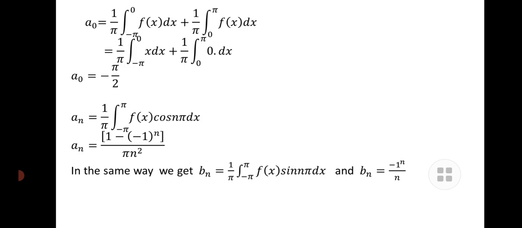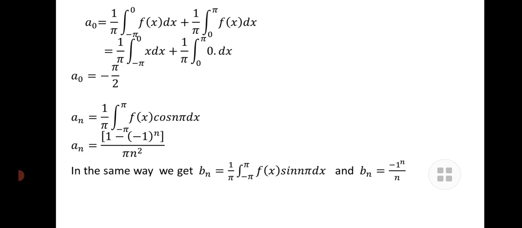In the same manner, the an value is equal to 1 divided by pi integral minus pi to pi f of x cos nx dx. Splitting the interval and expanding the terms, we will get an is equal to 1 minus minus 1 to the power of n divided by pi n square.